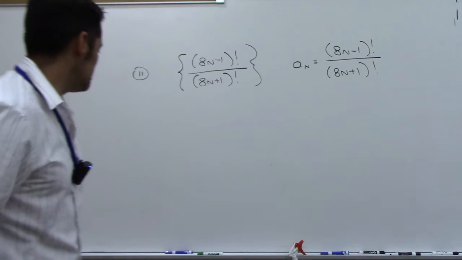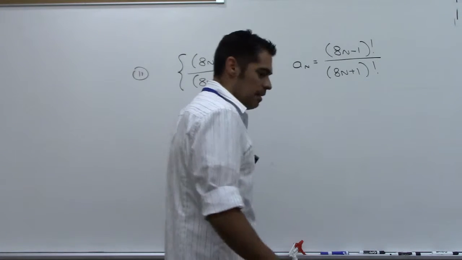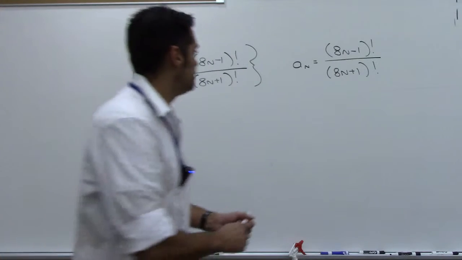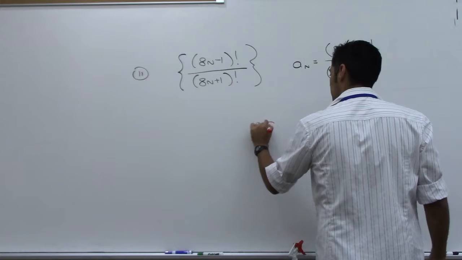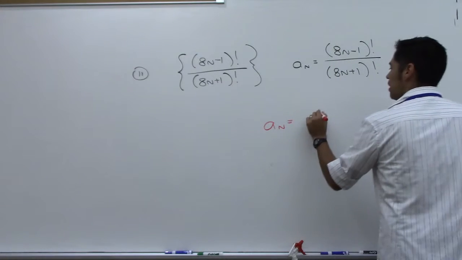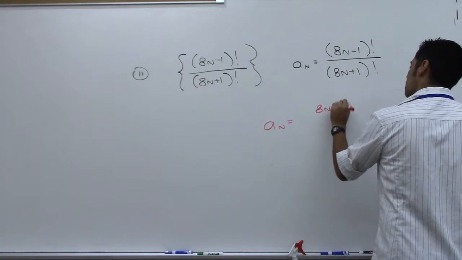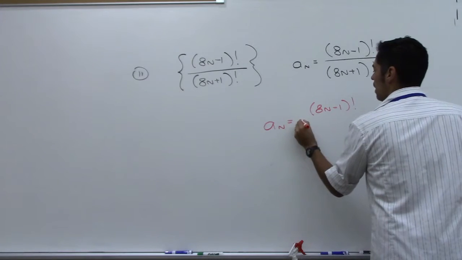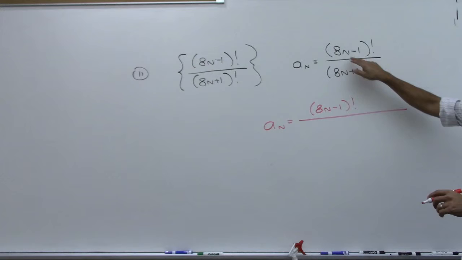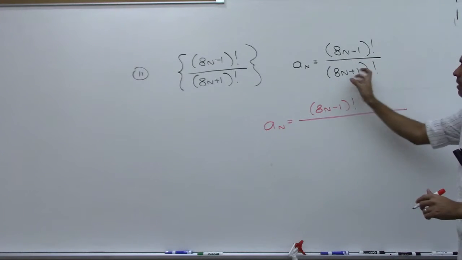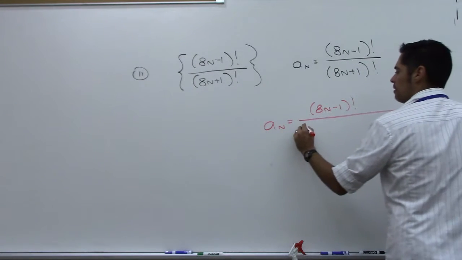And so what I'm going to do is use the properties of the factorials. So remember that I could rewrite this as 8n minus 1 factorial. And since the bottom factorial is bigger than this one, right? 8n plus 1 is bigger than 8n minus 1. I'm going to start peeling parts off this factorial.